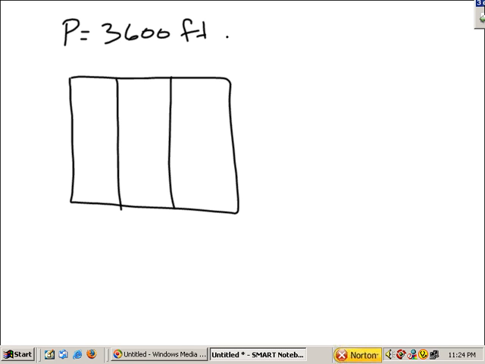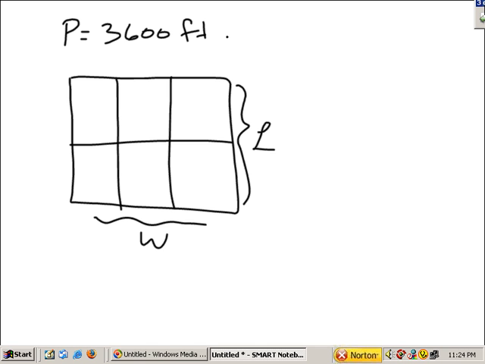You want to partition it 3 left and right, and you want to go front and back 2 times. And you want it to be like this. Okay, so we'll call this the width, and we'll call this L for length.